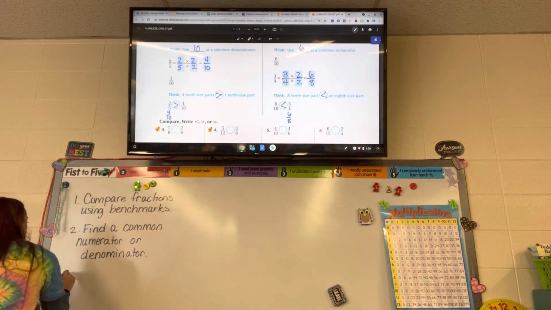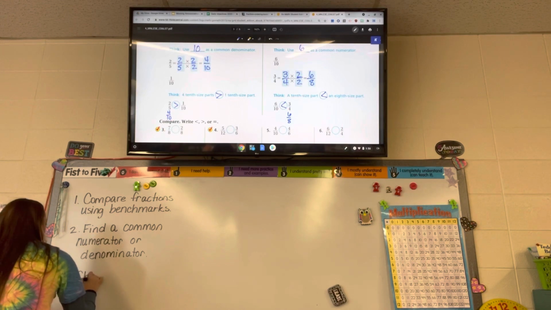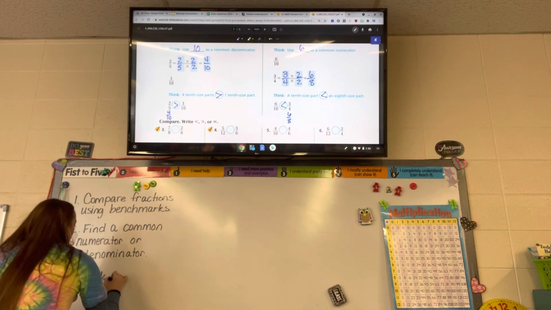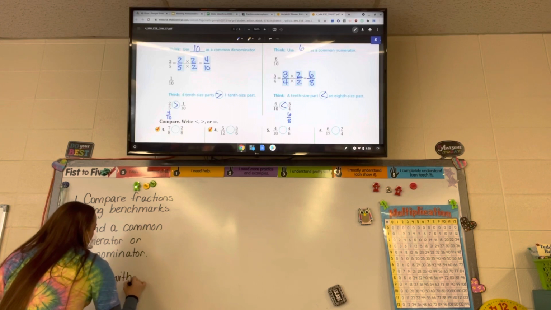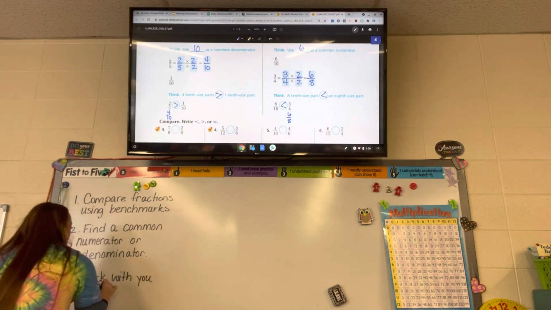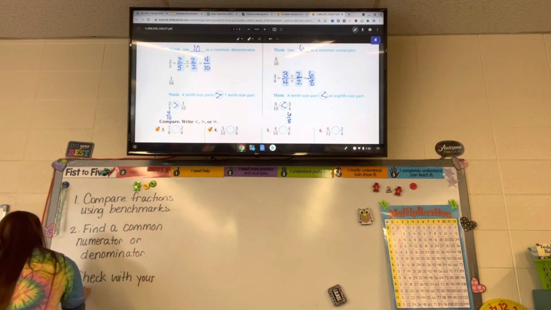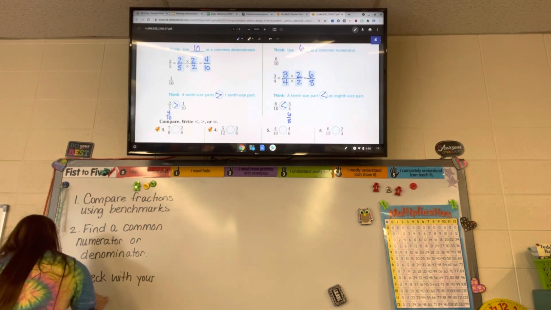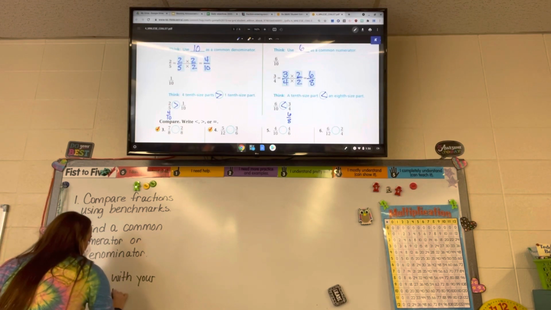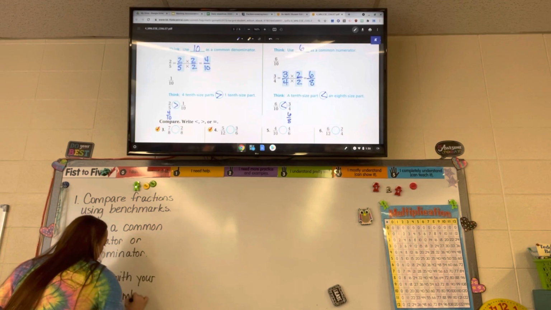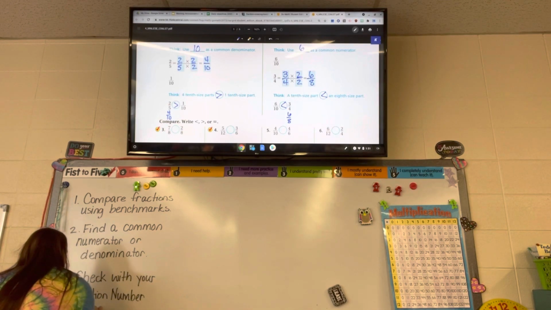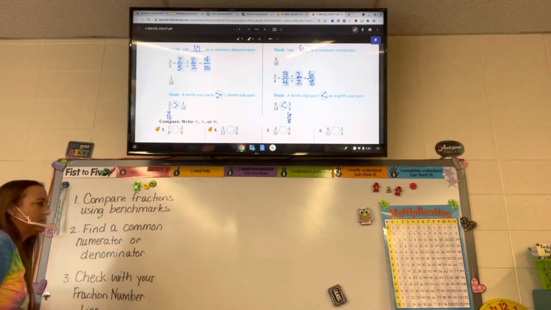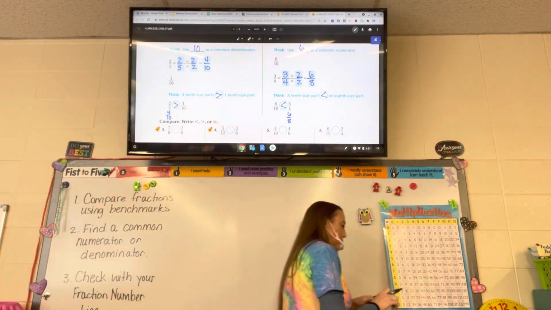And then step 3 is to check with your fraction number line, the orange thing. I'm writing that now because I know some of you are going to try to get ahead of me and I don't want you to.